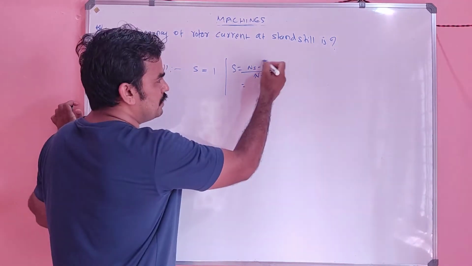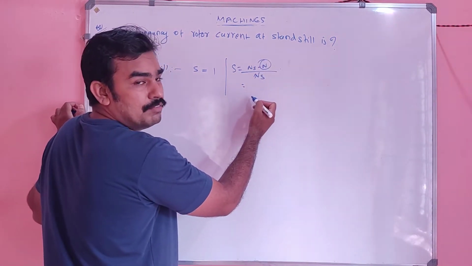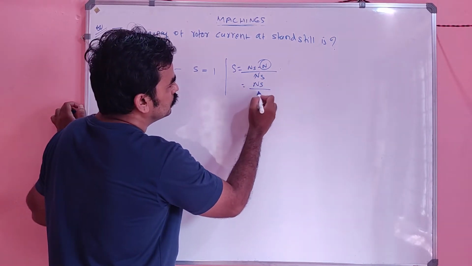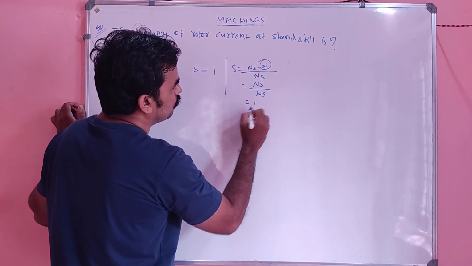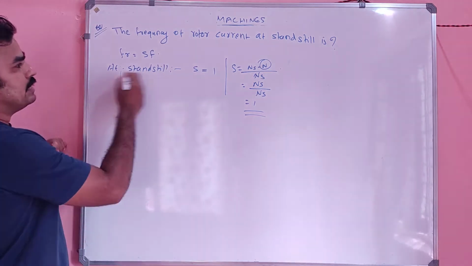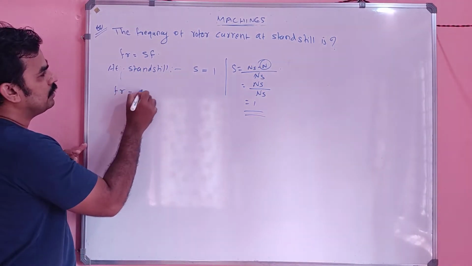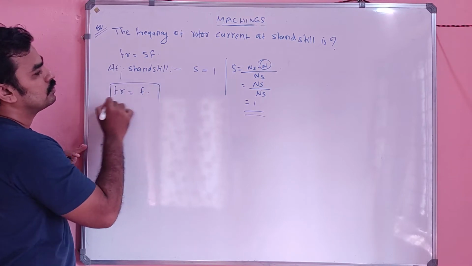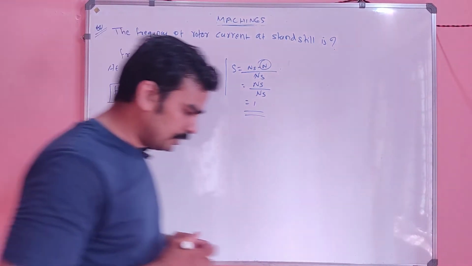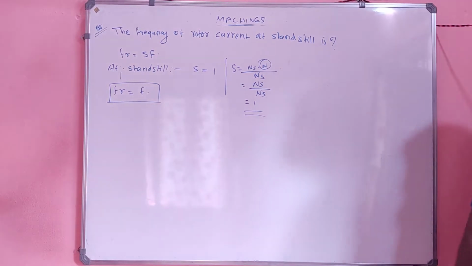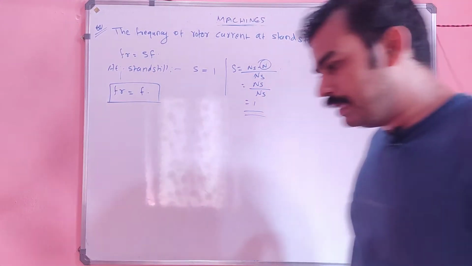At a standstill the rotor speed will be 0, so simply Ns by Ns, which is equal to 1. So at a standstill condition, S is equal to 1, my dears. So Fr will be equal to simply F. Rotor frequency will be simply equal to the supply frequency.